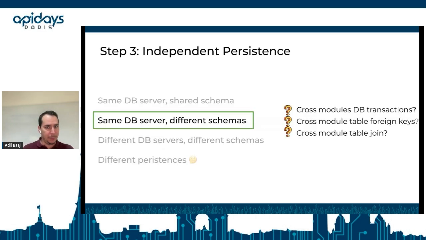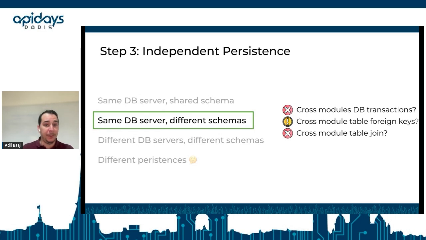However, there are still some elements that need to be discussed. Should we allow cross-module database transactions? Should we have cross-module table foreign keys? Should we allow for joins? Once again, it all comes down to trade-offs, but in my own experience, I would usually prevent cross-module database transactions and table joins, as that would probably be a symptom of coupling between your modules, and you should probably review your bounded contexts.